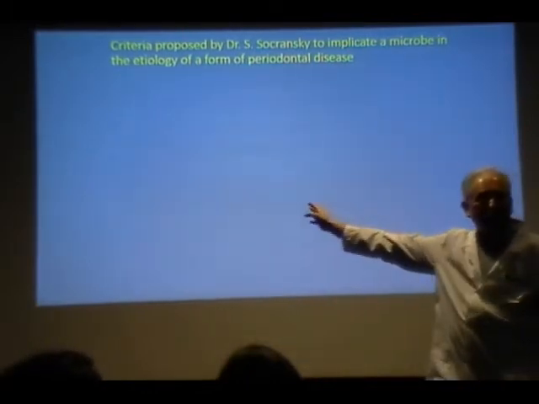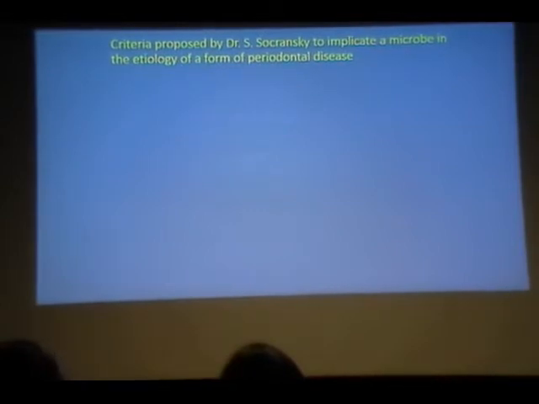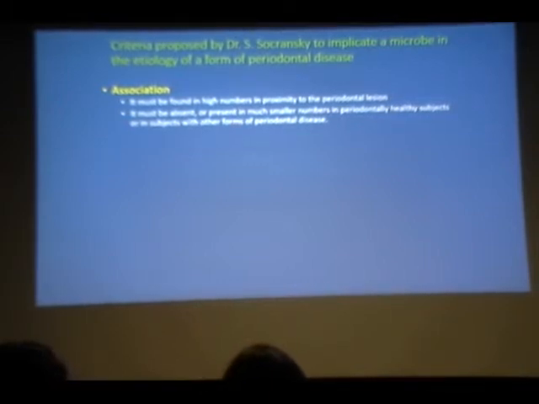This guy has, I think, 6 criteria that we're going to talk about in order to identify whether an organism is a periodontal pathogen. Well, clearly association is there. It has to be found in high numbers in proximity to the disease site.